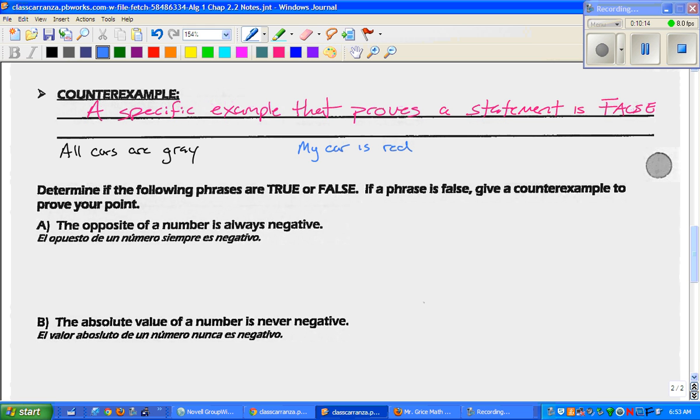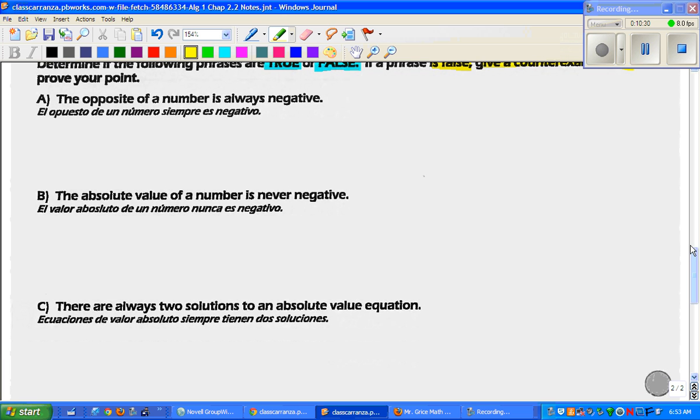So let's take a look at what we're supposed to do. It says determine if the following phrases are true or false. If a phrase is false, give a counterexample to prove that. All right. A. The opposite of a number is always negative. So think about that for a second. The opposite of a number is always negative. What do you think?